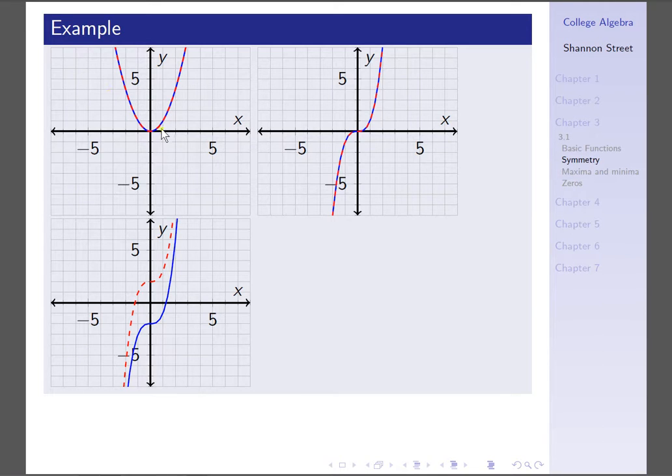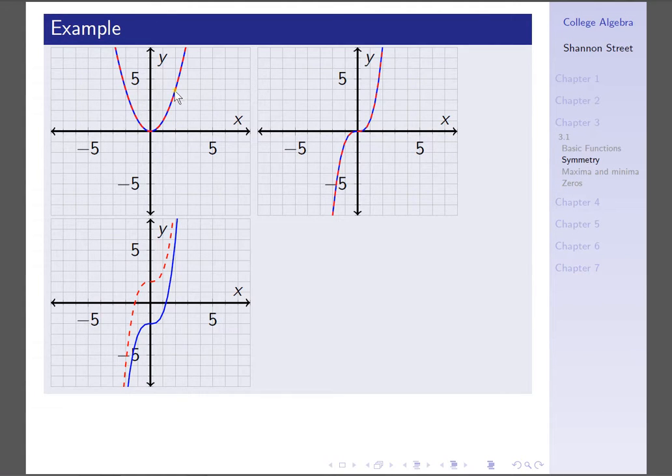If we plug in an x value, we get a y value. Say x and y is this point over here. If we plug in the negative version of that x value, if we came over that many units in the opposite direction, we would find another point at the same height.